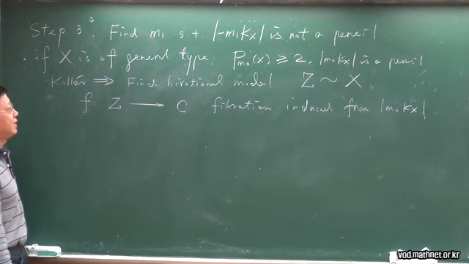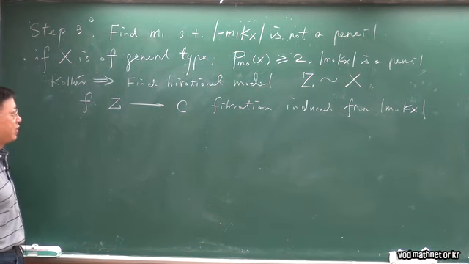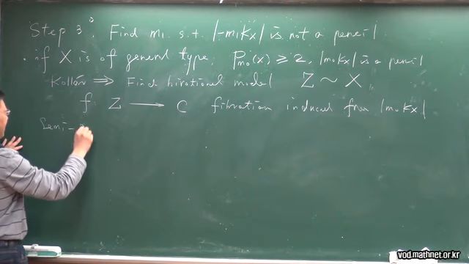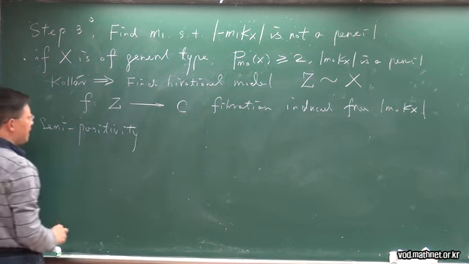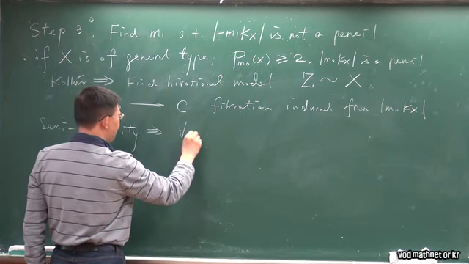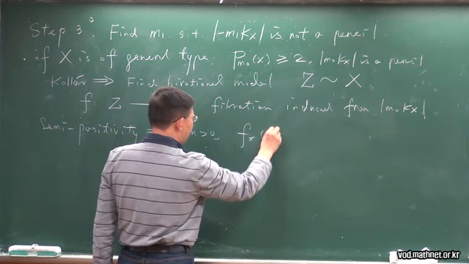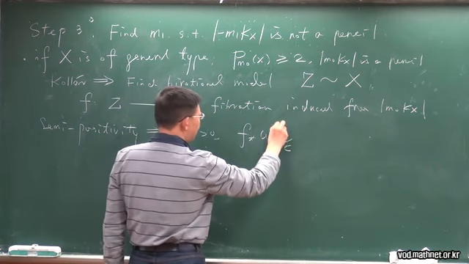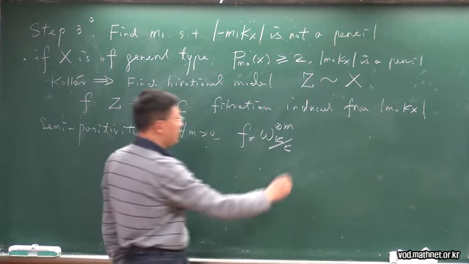This method is the so-called semi-positivity. Semi-positivity implies that for any positive m, f lower star omega Z over C to the power m is semi-positive.